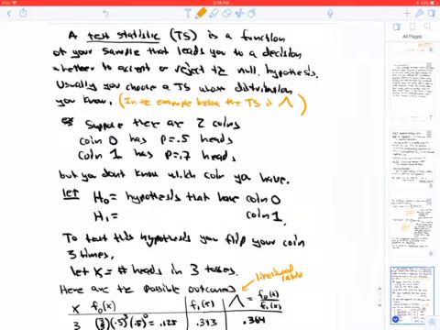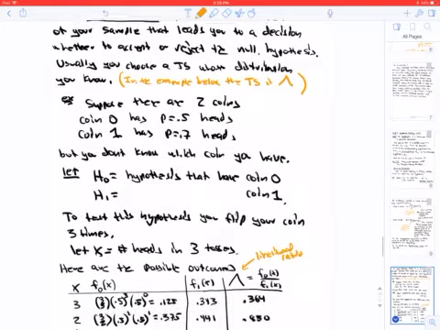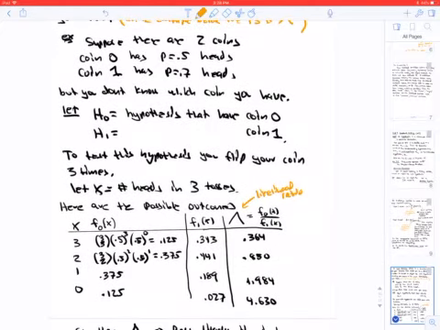Okay. So a test statistic is a statistic. We were just talking about statistics. Usually you want to know its distribution so you can know how unlikely it is to occur.